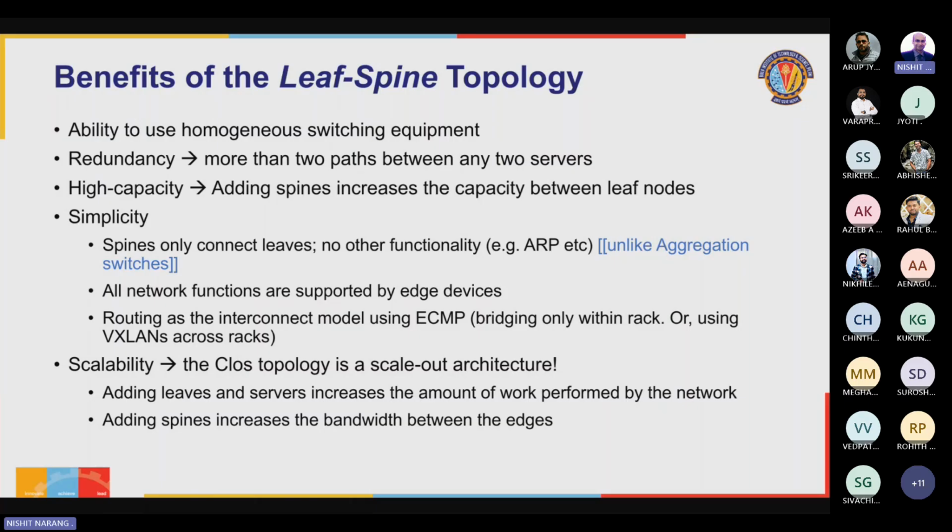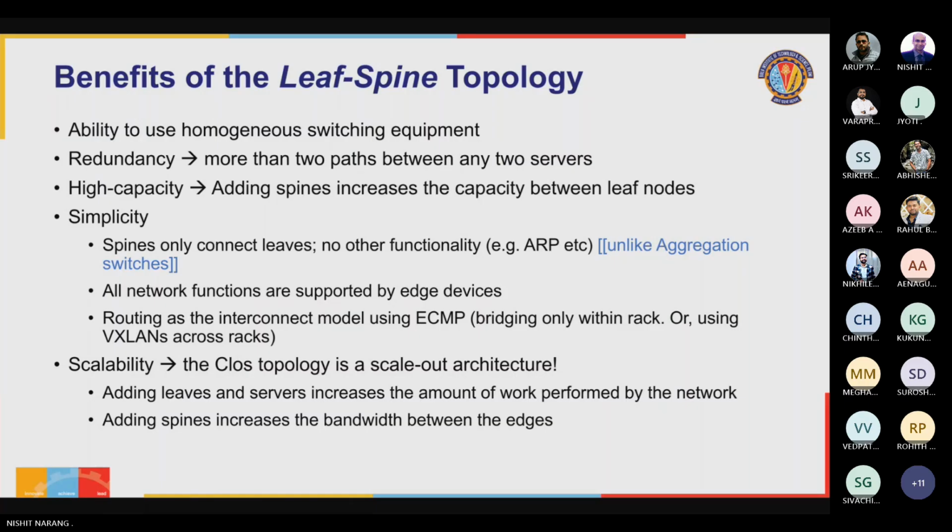We also saw that in the leaf spine topology, because the leaf is connected to multiple spines, there are actually more than two paths between any two servers in the network, and therefore there is much larger redundancy. That larger redundancy helps improve the blast radius of the data center network, because if you have a failure in one of the links, it doesn't reduce the capacity as much as it did in an access aggregation core topology.